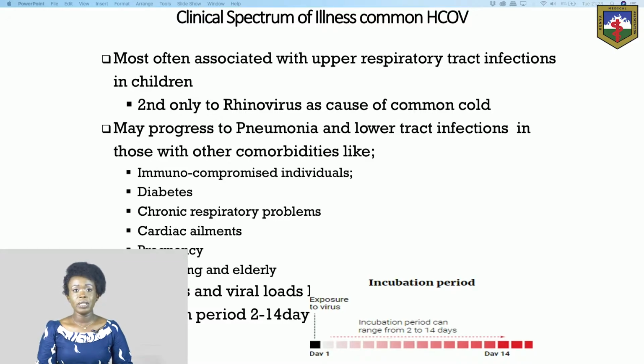We have those with diabetes, those with chronic respiratory problems, cardiac conditions, and this is likely to occur in the very young or the children who are older than 10 years of age.